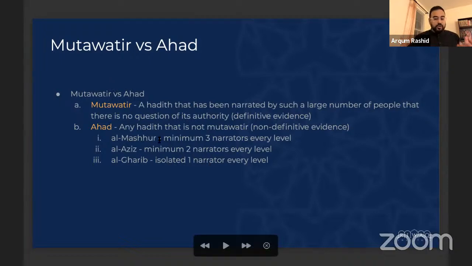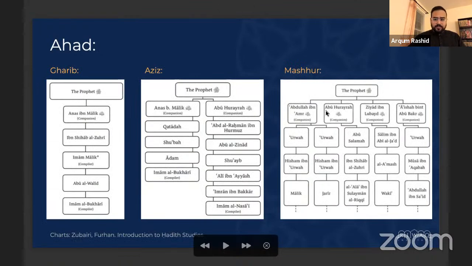Some ahad narrations are stronger than others. For example, if a narration is mashhur, and let's say it has 7 or 8 or even 10, for those that don't recognize it as mutawatir, 10 different chains or 8 different chains, right? That's definitely stronger than a gharib narration, which only has 1 chain.